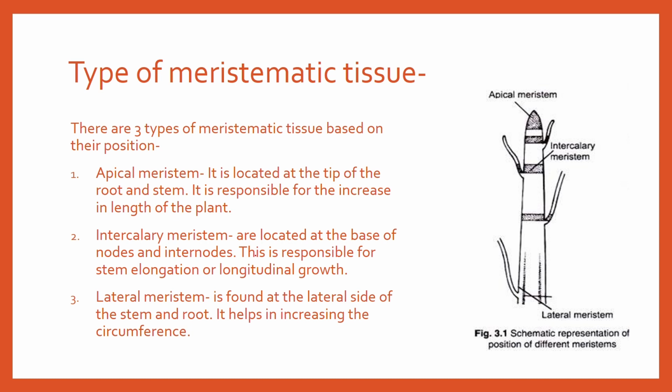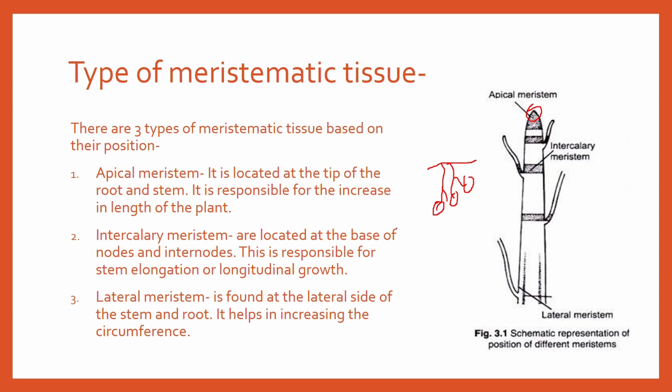Like in the stem, here the apical meristem is present, while in the root, suppose this is the root of a plant, the apical meristem is present here in the roots. So apical meristem is responsible for increasing the length of the plant.